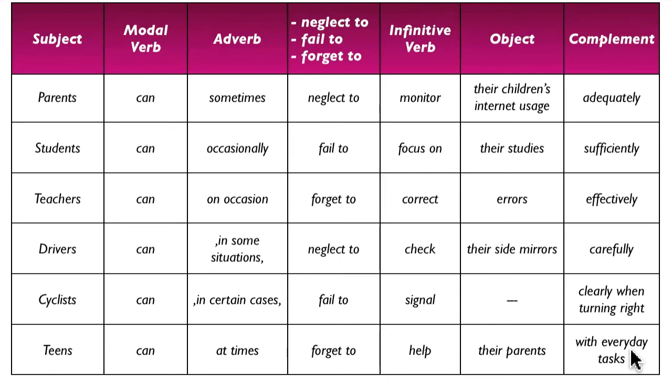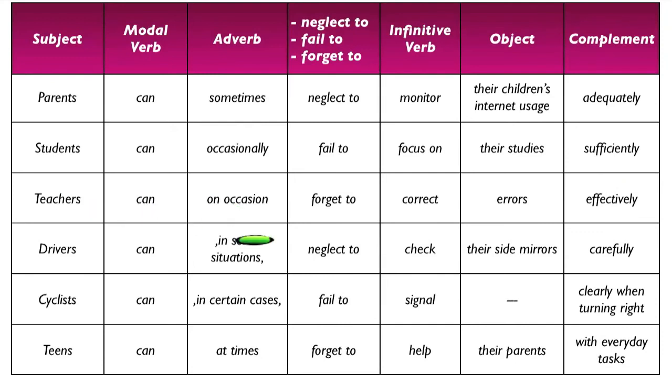Let's have a look now at how these sound as full sentences. Parents can sometimes neglect to monitor their children's internet usage adequately. Students can occasionally fail to focus on their studies sufficiently. Teachers can on occasion forget to correct errors effectively.